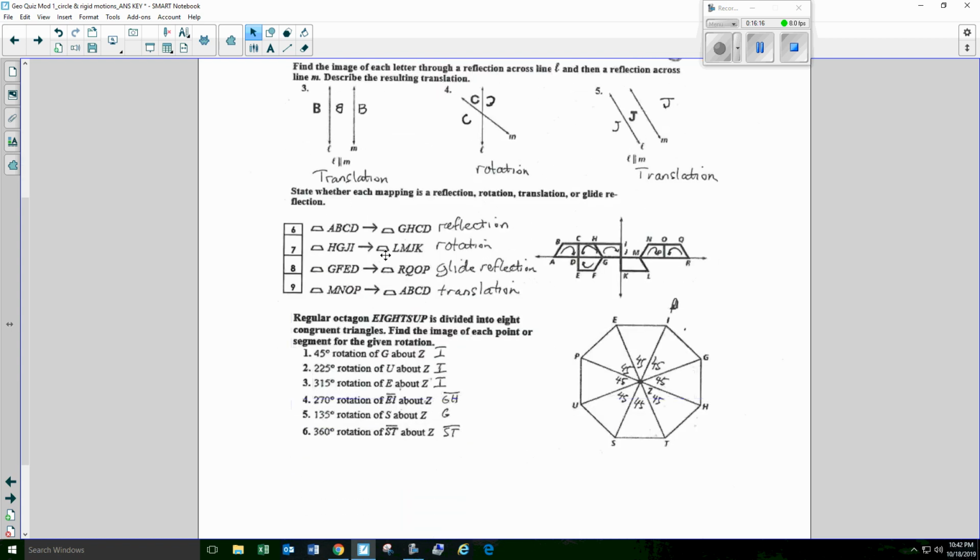All right, next. State whether the mapping is a reflection, rotation, translation, or glide reflection. Again, more practice with this. I've seen almost this problem on the DCAS. So this is very good, and this problem both on the DCAS. Not that they would have all these, they just choose one of these to put on the DCAS, but both of these types are on there.